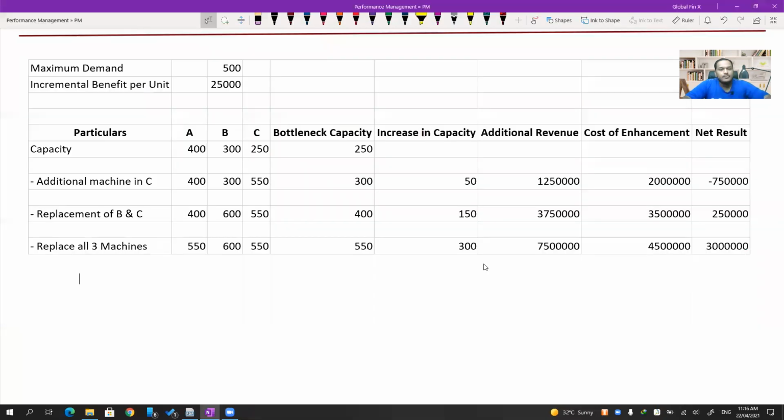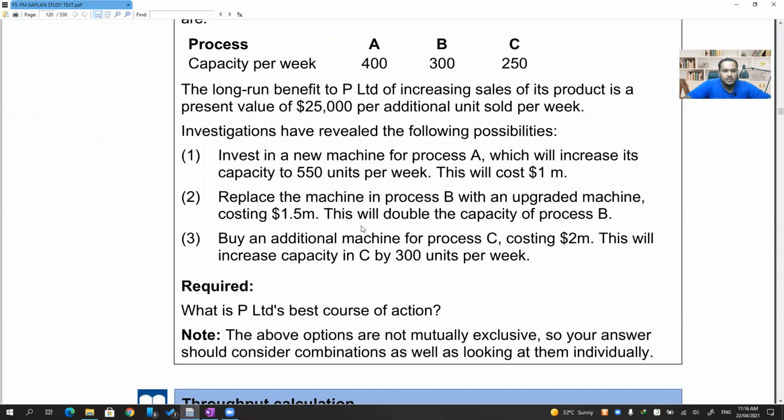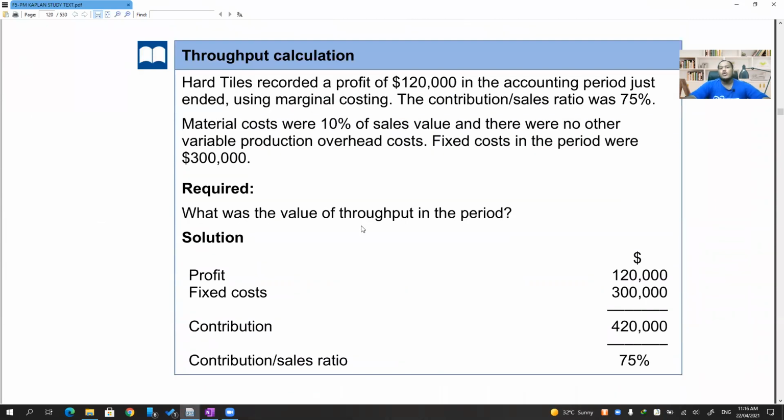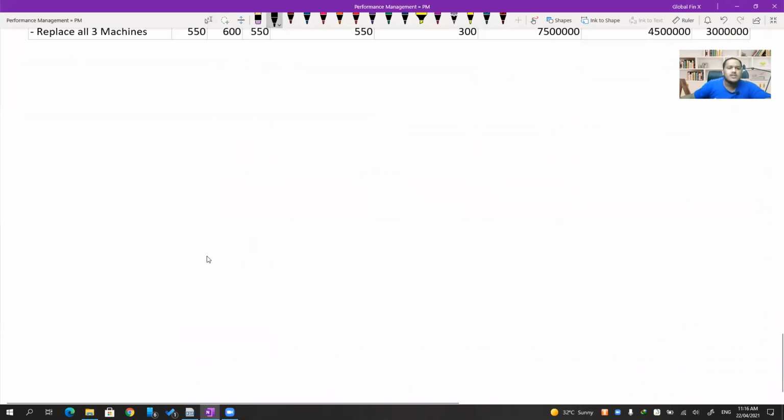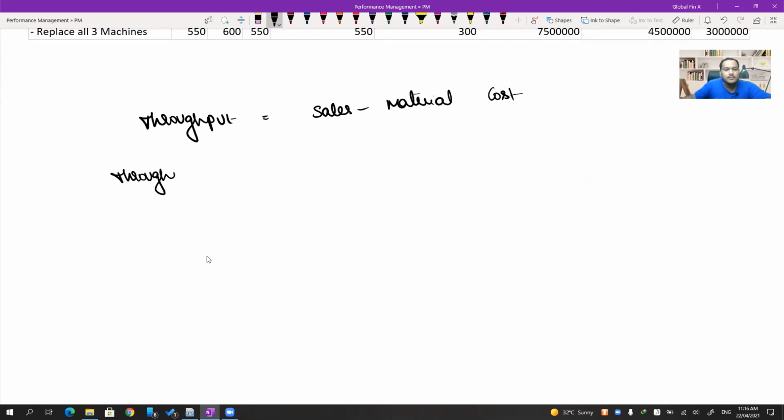Next, how do we calculate throughput calculations? These are very easy calculations, so we will go through this very fast. First of all, throughput. How do we calculate throughput? Sales minus material cost. So how do I calculate throughput per unit, or throughput per factory hour, whatever you want to call it?